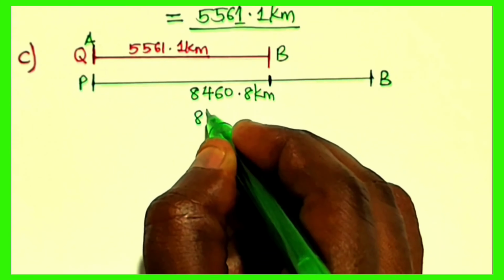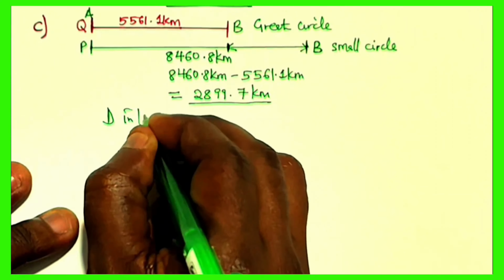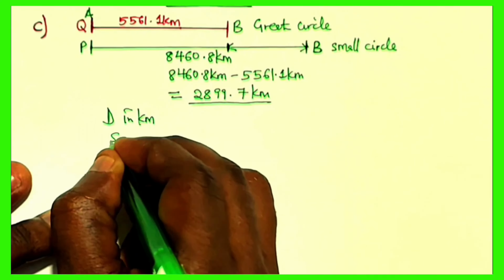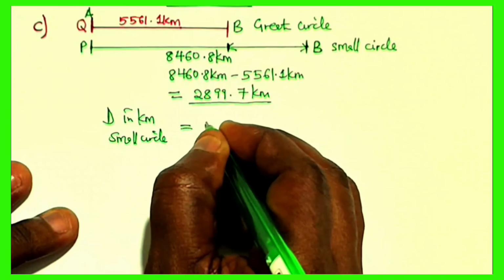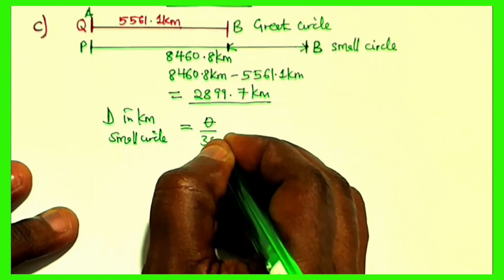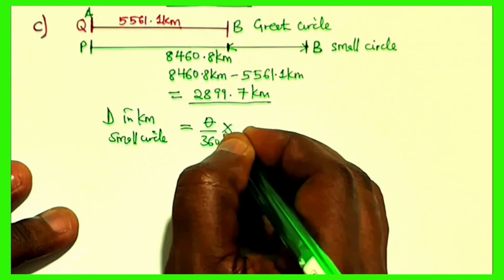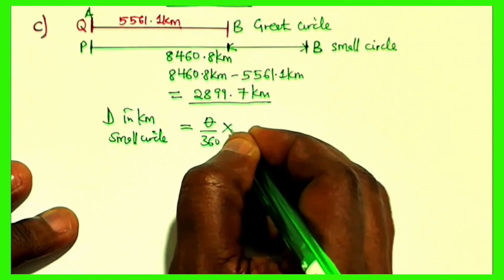So with this distance in mind, which will be represented here, let's find the value of theta as far as distance in kilometers along a small circle is concerned for the plane P. So you're going to consider that distance in kilometers along a small circle will be equal to theta divided by 360 degrees, and then multiply 2 pi r cos beta.